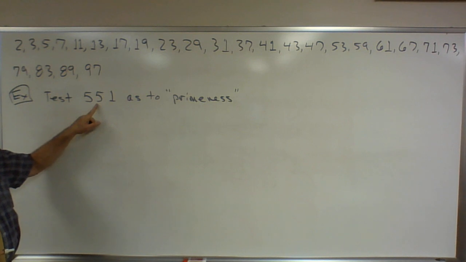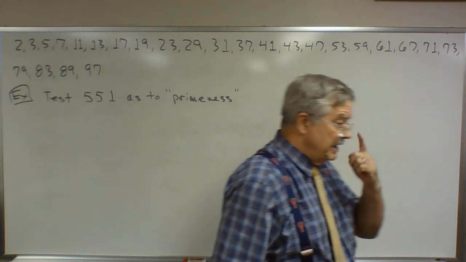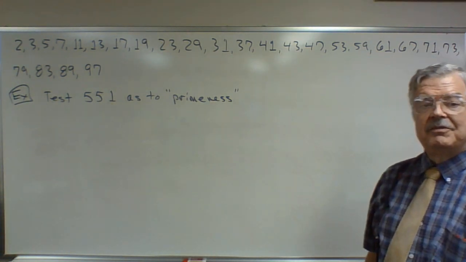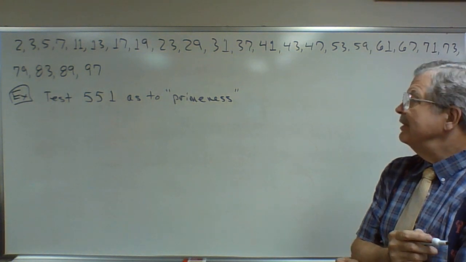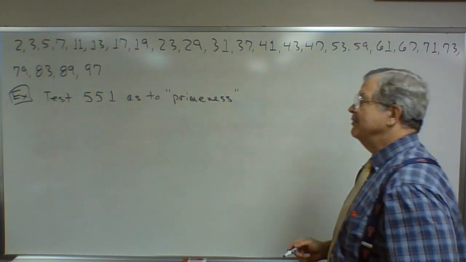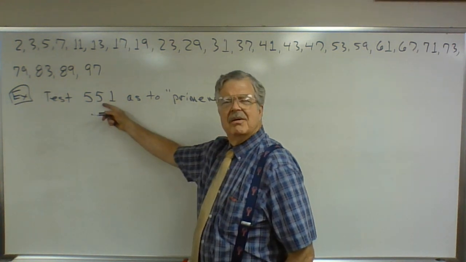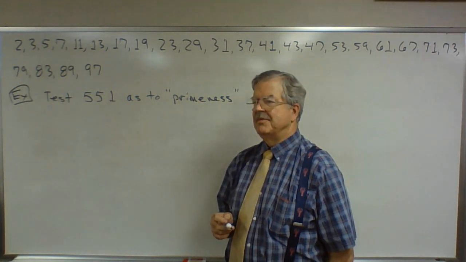551. Is it prime or composite? If we have a calculator, what we can do is just take the candidates less than or equal to this number's square root. The square root of 400 is 20.